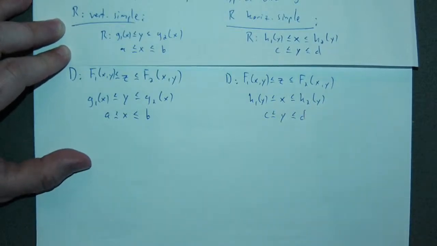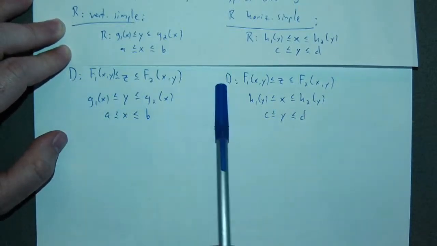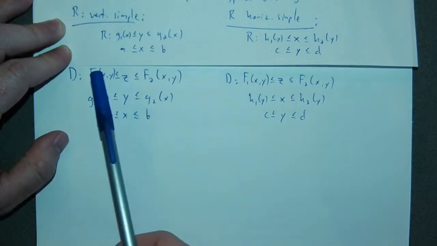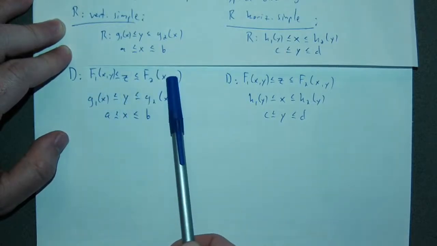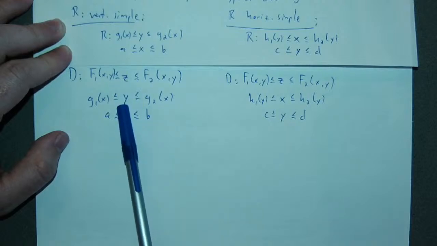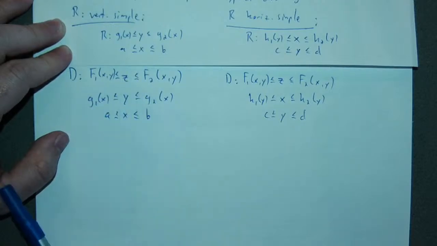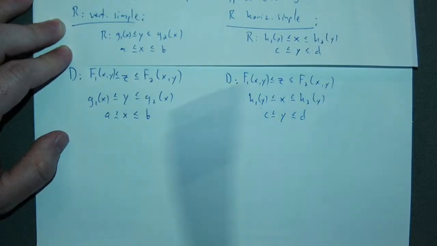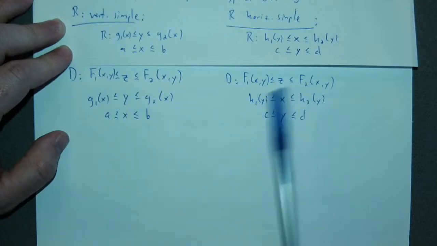Now you see the pattern, right? D is a three-dimensional region. So z is bounded between two functions of two variables. y is bounded between two functions of one variable. x is bounded between two constants. Again, when R is horizontally simple, z hasn't changed. It's bounded between two functions of two variables. x is bounded between two functions of one variable. y is bounded between two constants.